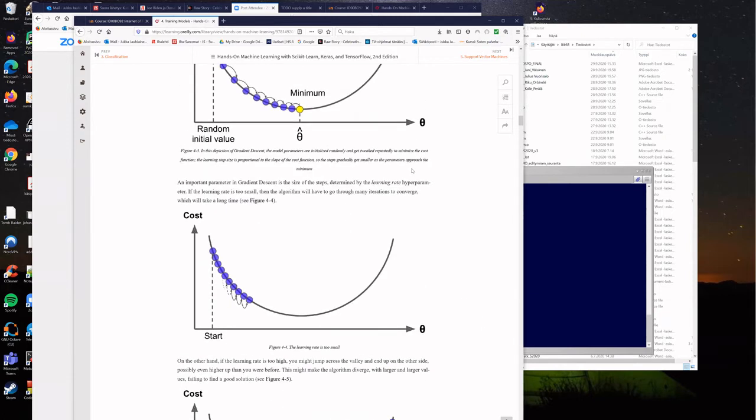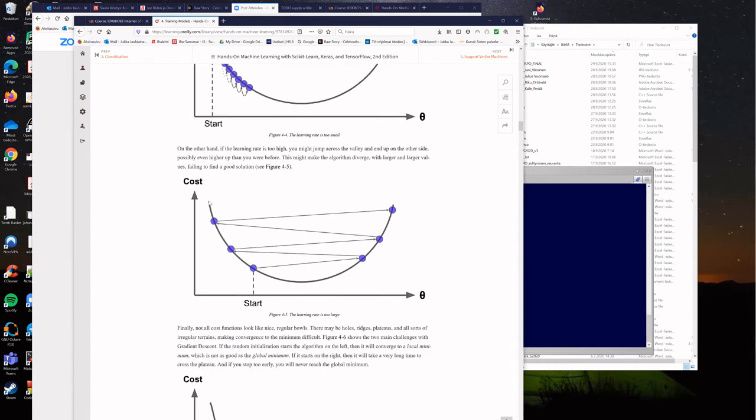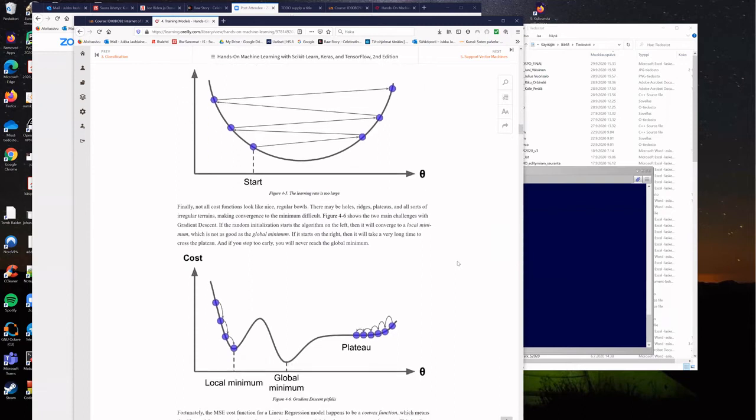Step or learning rate; they are talking about learning rate in this text. If the step or the learning rate is too high, it happens that when you calculate the gradient, it starts from here and then it starts to diverge. It doesn't converge towards the minimum at all. In this case, it doesn't find the answer at all.